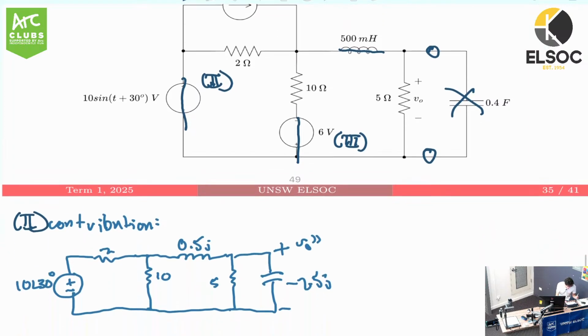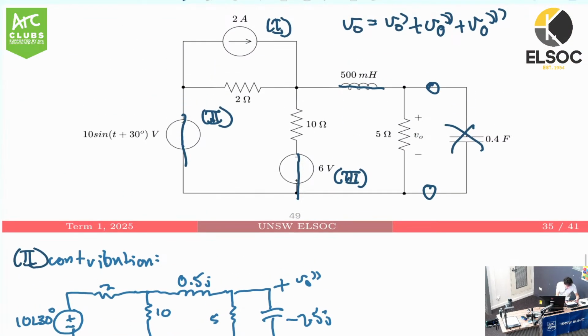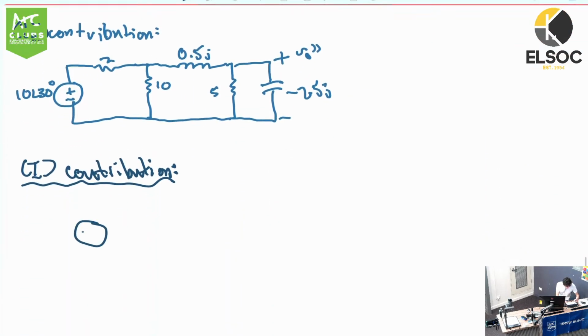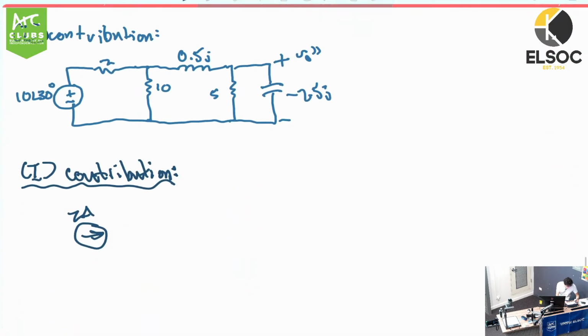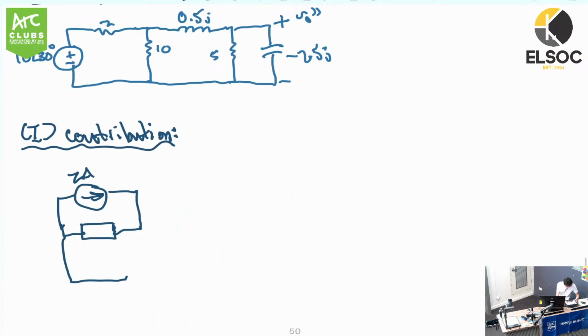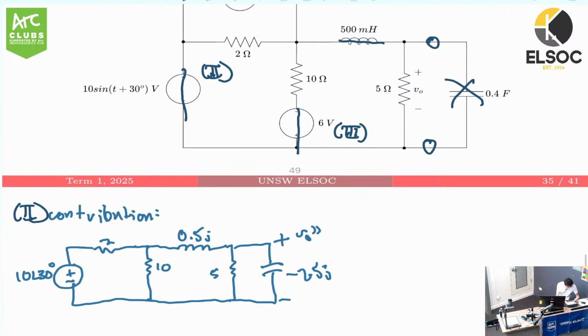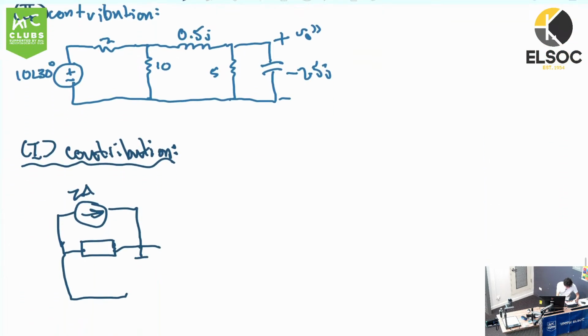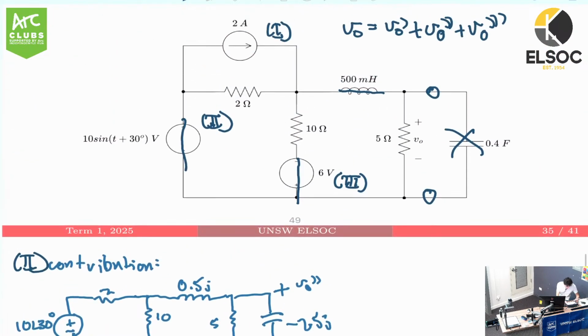If we redraw what we've got here, we've got a current source at the top, it's 2 amps, and then it's in parallel with that 2 ohm resistor. I'll just draw it like this because it's a bit neater. And that will also be in parallel with this resistor, considering that this is now short-circuited.